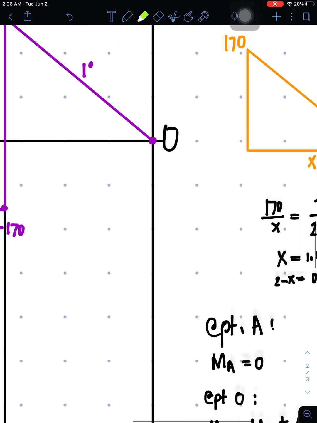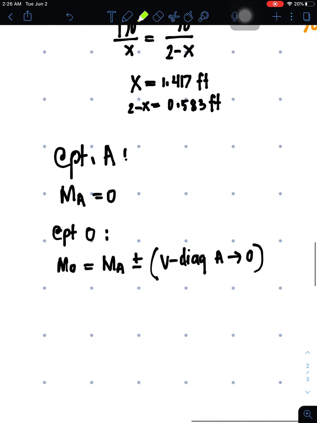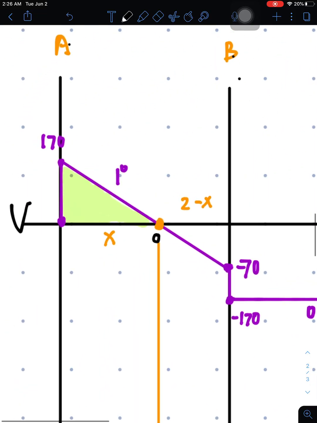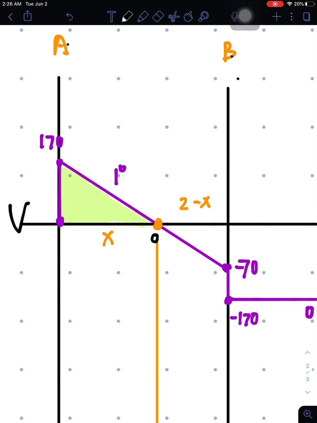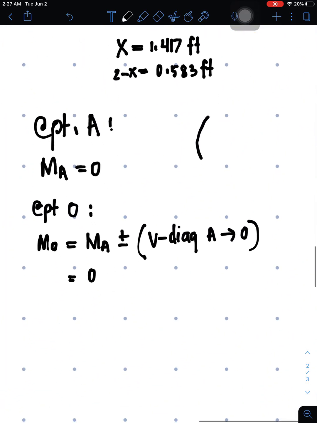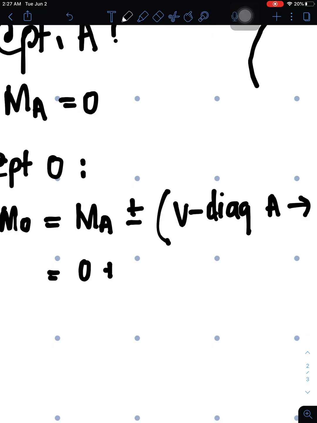That's a triangle, no? So all we have to do is copy that figure here. The value of MA is 0. And the area is found above the 0 shear line, meaning this is a positive area, no? That's a positive area, so I will use the plus sign here.